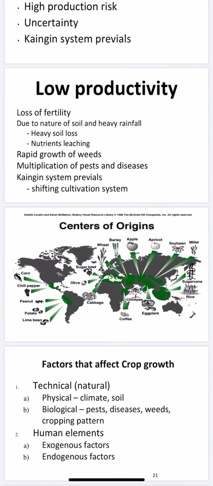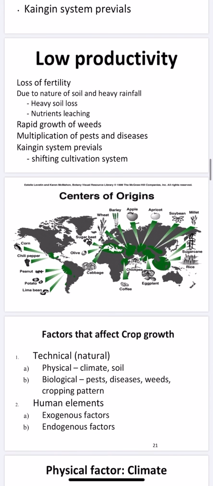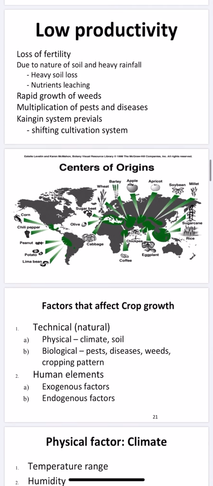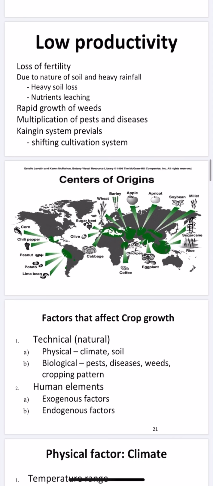Low productivity is caused by loss of fertility due to the nature of the soil and heavy rainfall, as I have said: flood, heavy soil loss, nutrient leaching, rapid growth of weeds. If you go to other countries like the savanna area, the weeds and the bushes don't even grow tall. It's just very small weeds.